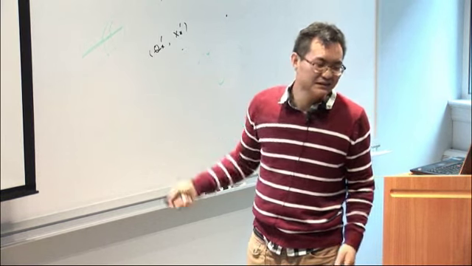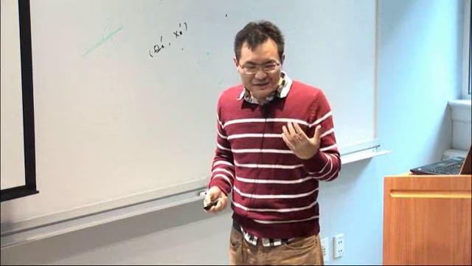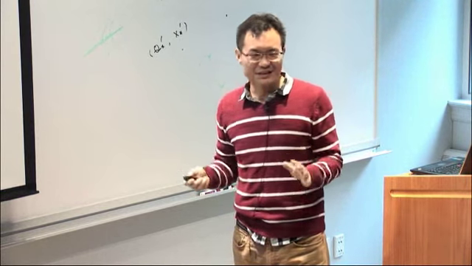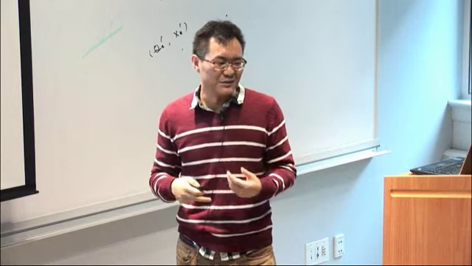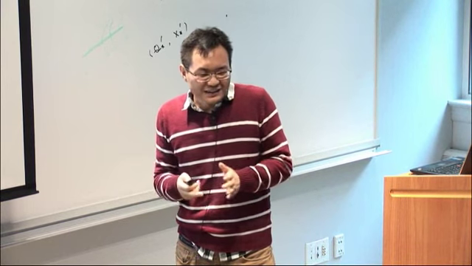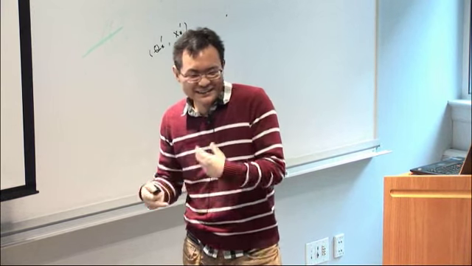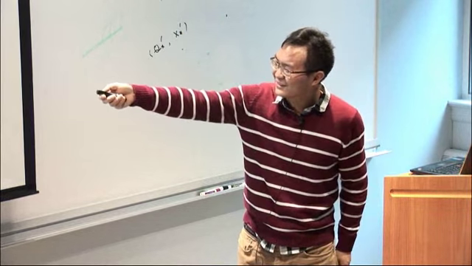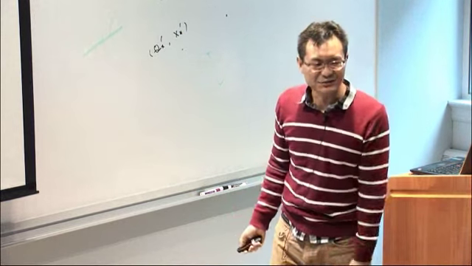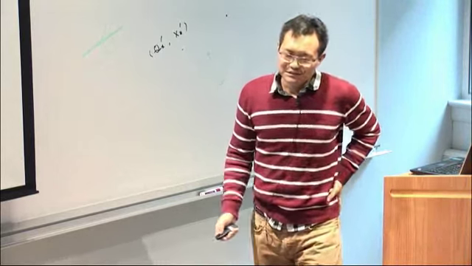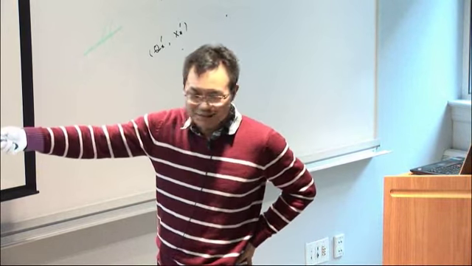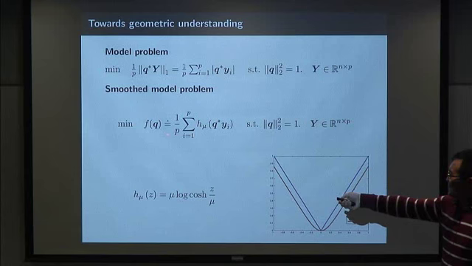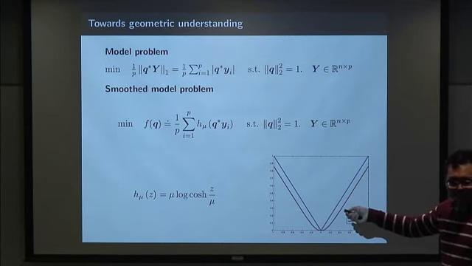The problem is that all the common tools we have for studying the shape of functions are by calculus. In calculus, you need to take derivatives, right? But this one is not nice. It's not differentiable. So for doing some analysis, we actually change the objective a little bit.